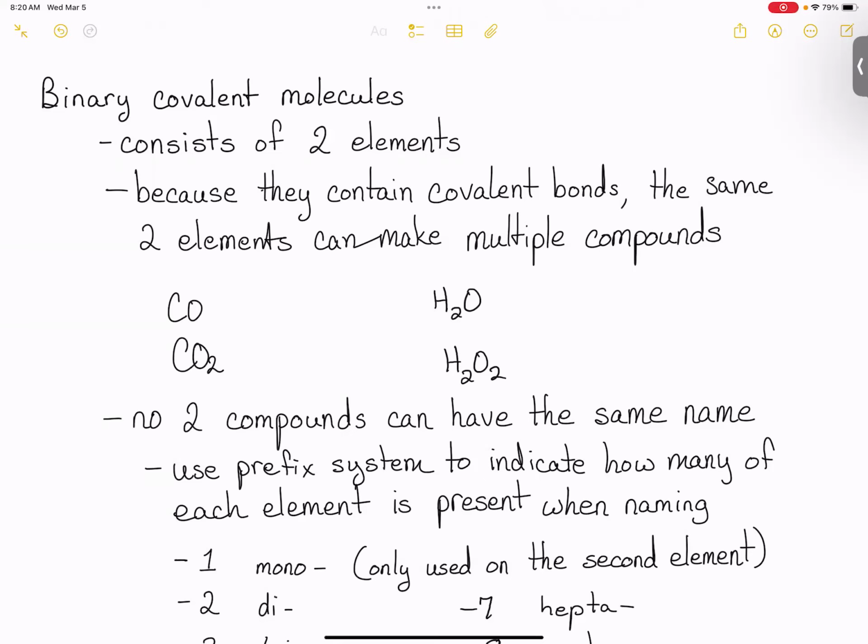We do not use the prefix system for ionic compounds. We do not use the prefix system for our diatomic elements. We do not use the prefix system for hydrogen with group 15 through 17. We do not use the prefix system for acids, which we'll do here in a minute. You only use the prefix system for alkanes and binary covalent molecules.